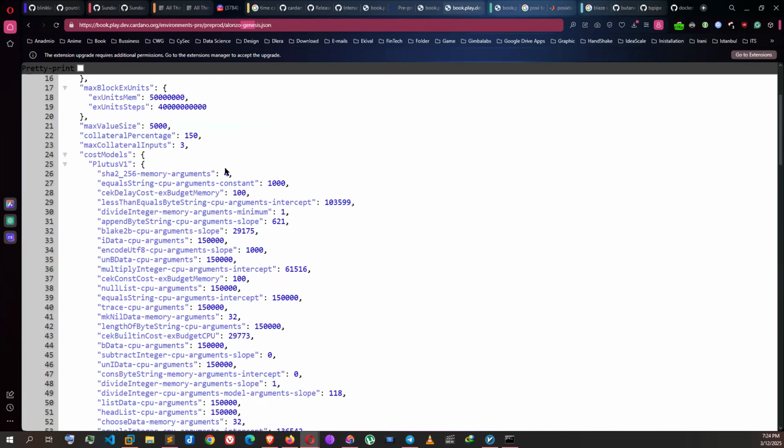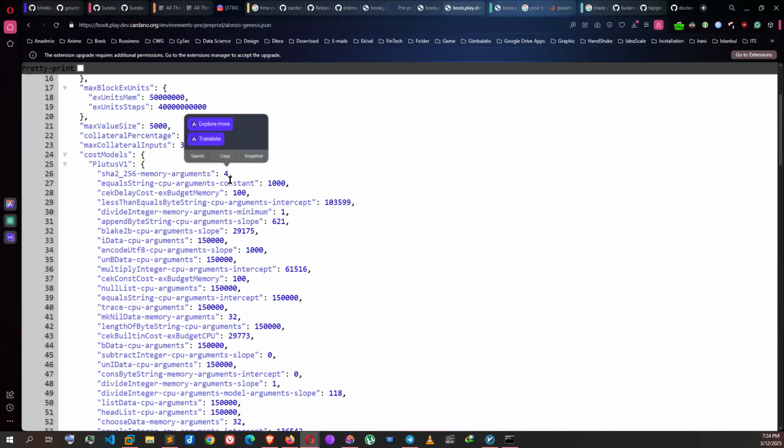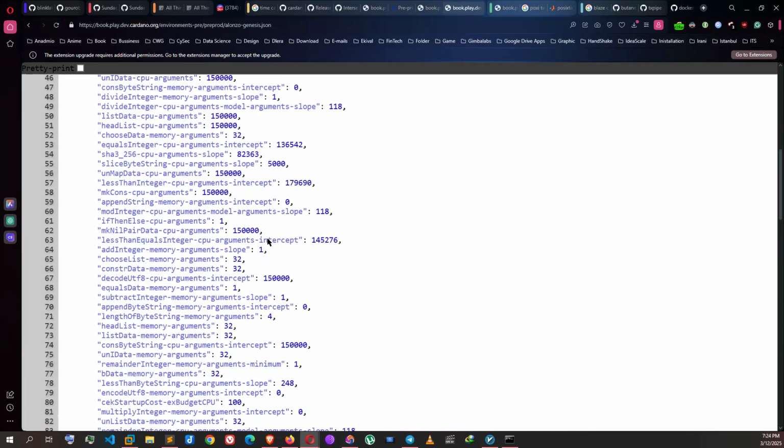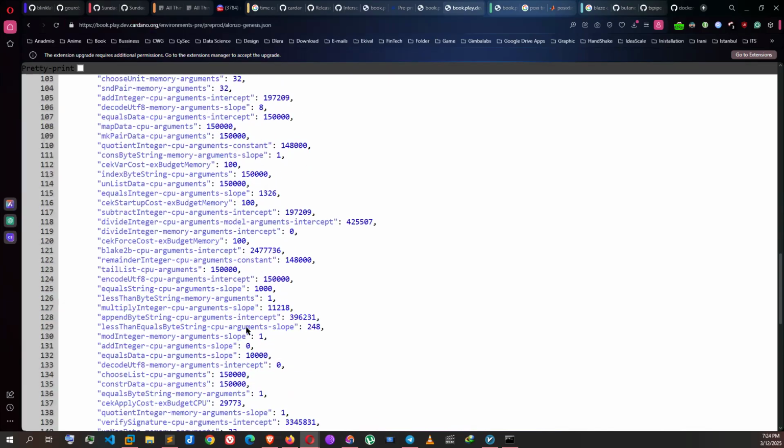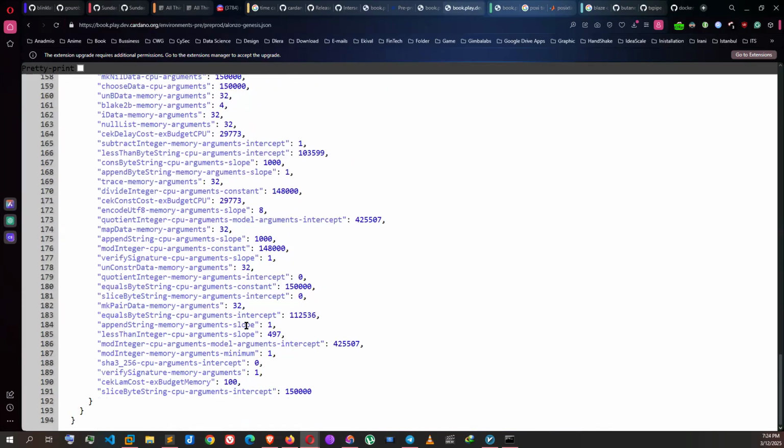Well, in your sidechain or parallel chain, or whatever blockchain you are running, you need to change these protocol parameters. You need to reduce the cost, right? That's logical.